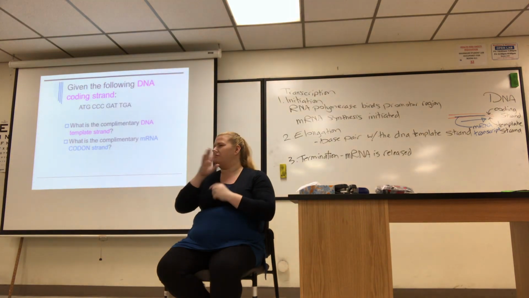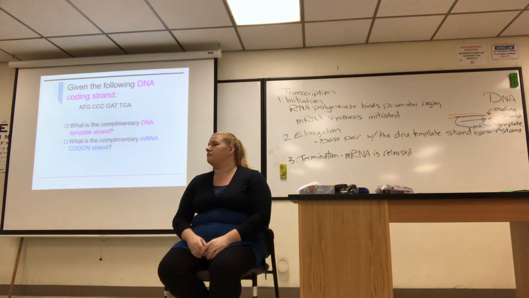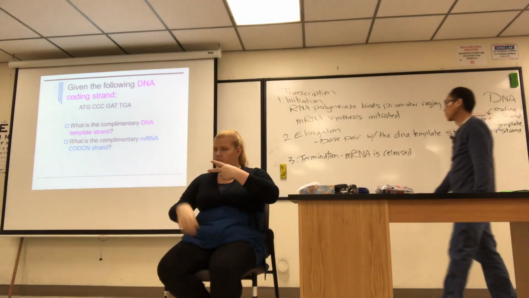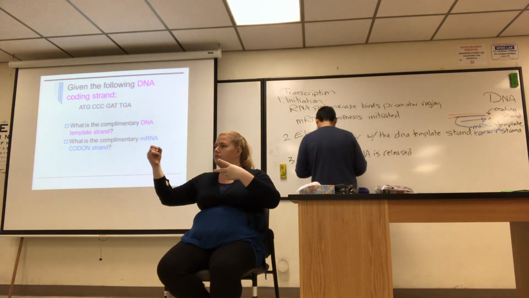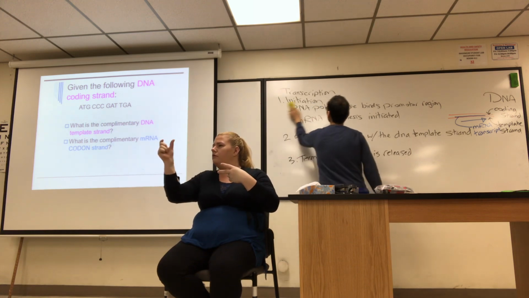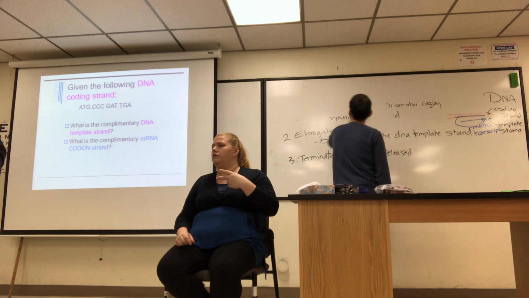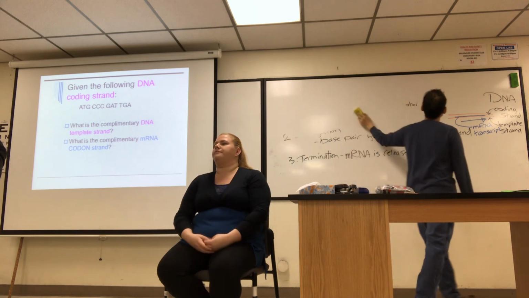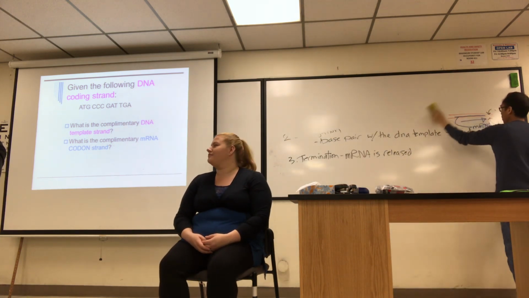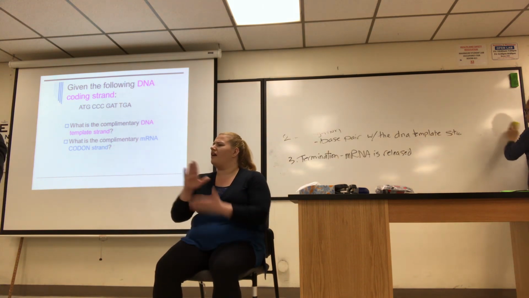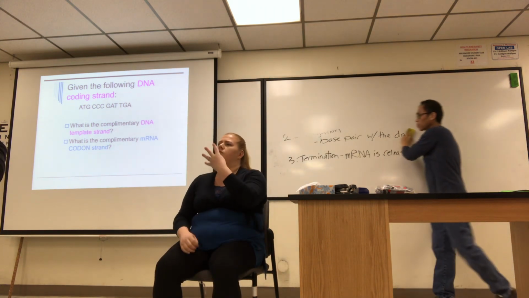Okay, so given the DNA coding strand, I give you some triple letters there. What number on the half sheet are we on? 3 or 4? Oh, 4.